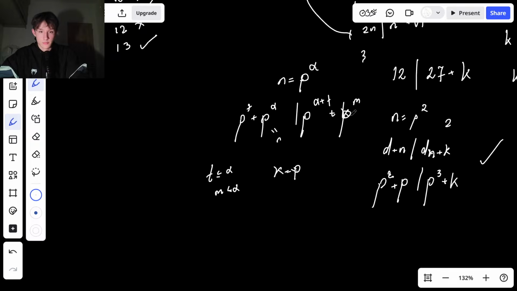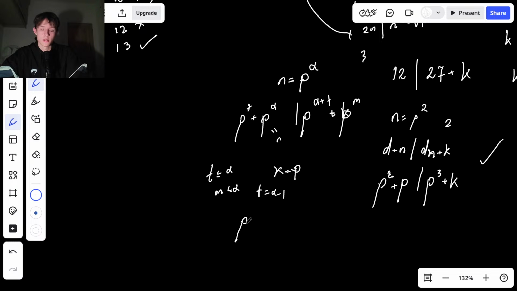But then, for this to be true, wait, if t is, for example, alpha minus 1, right? Surely it's impossible then, if alpha is greater than 2. So t equals alpha minus 1.